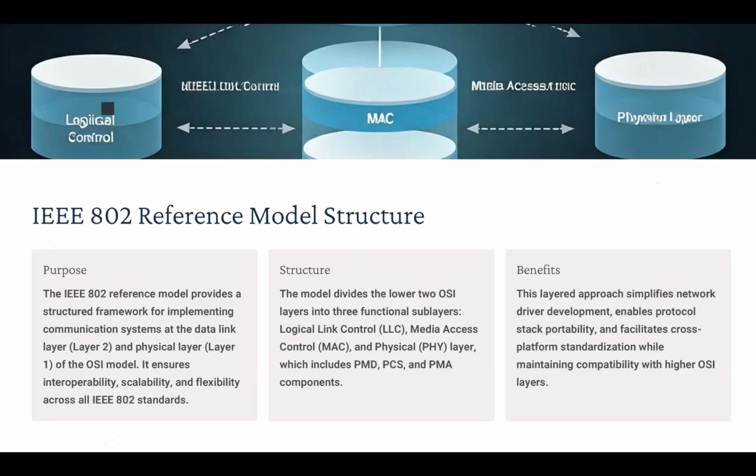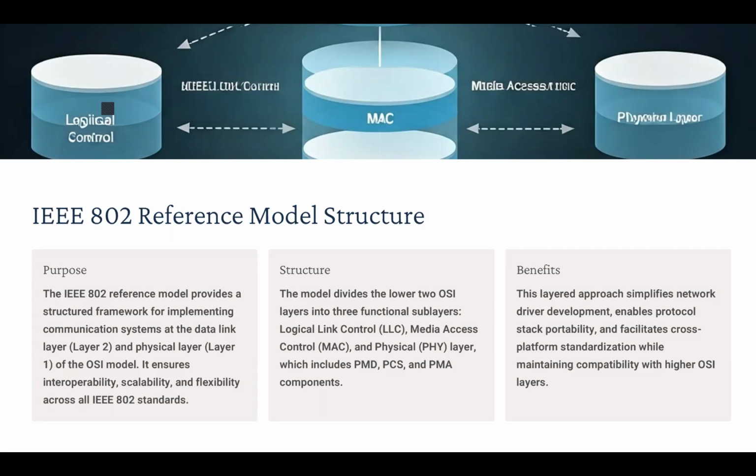Now, there were some major innovations, like the IEEE 802 reference model, which was developed to provide a structured and modular framework that helps us implement communication protocols at the data link layer, which we call layer 2, or the physical layer, which we call layer 1.